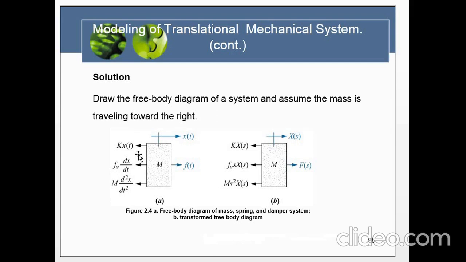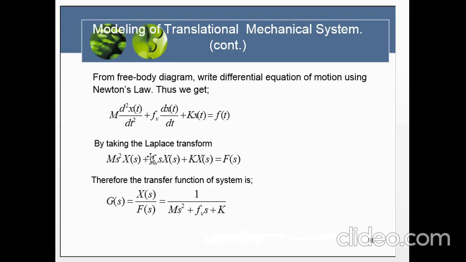It is in the time domain and it is in Laplace. From this we can derive the formula where f(t) is equal to M d^2x(t)/dt^2 plus f_v dx(t)/dt plus K x(t). Then we transfer into the Laplace transform.